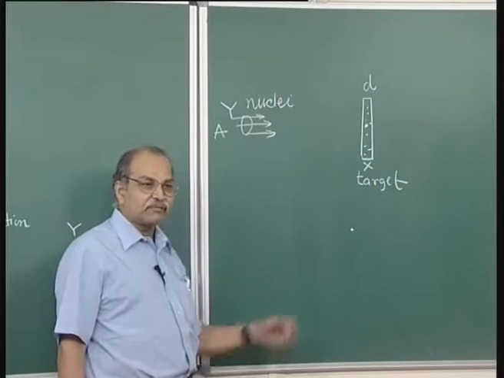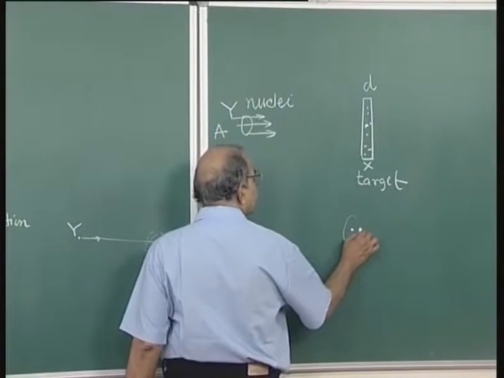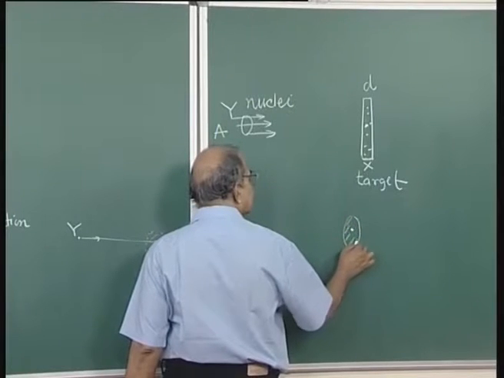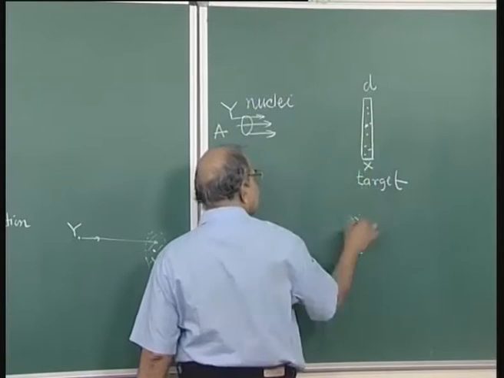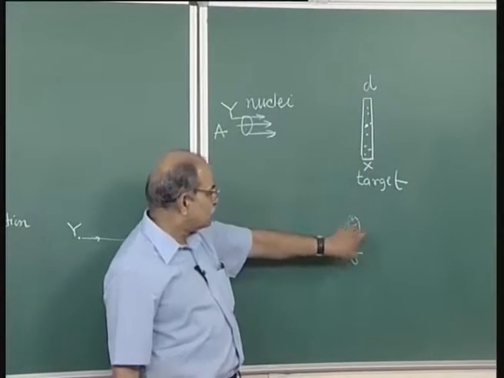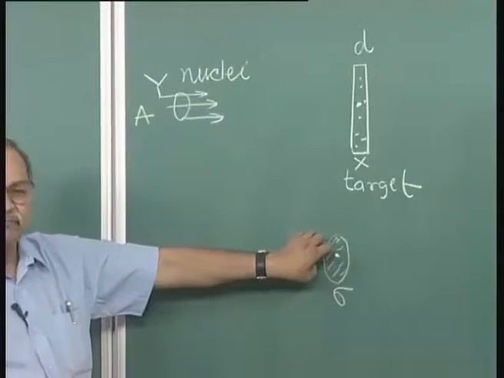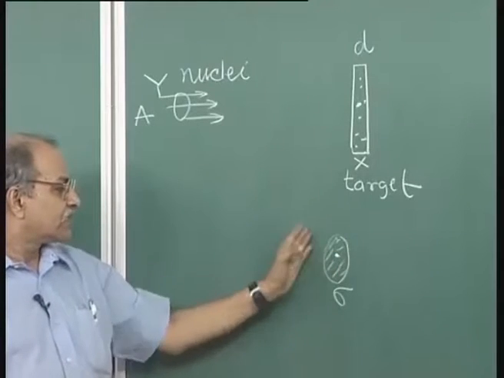So, the cross section comes into the picture. If the cross section is sigma, then you make an area here, this area sigma around this x nucleus. This is a zoomed version, because the cross sectional areas are very small as compared to any target in the laboratory.